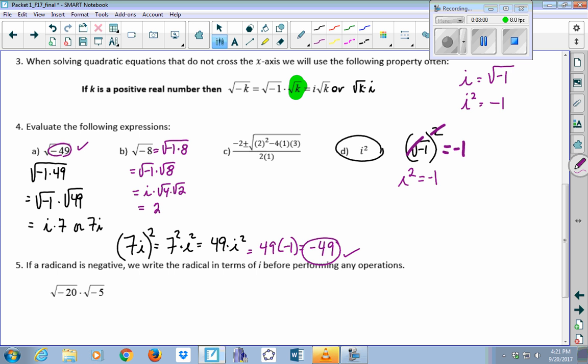So I'm going to call this 2i times the square root of 2. I could have said i times 2 times the square root of 2 also, but we usually write the 2 in front of the i and then the radical to the right. Again, these are both equivalent, because multiplication is commutative, so either of these is fine.